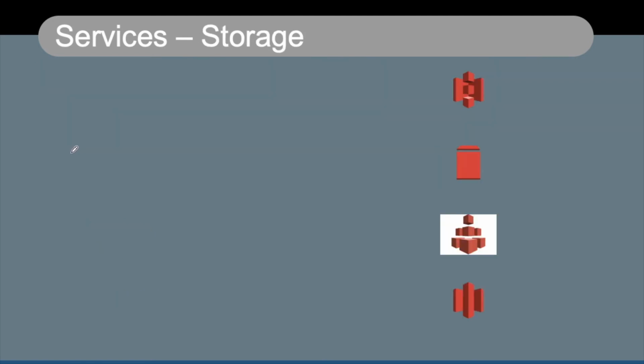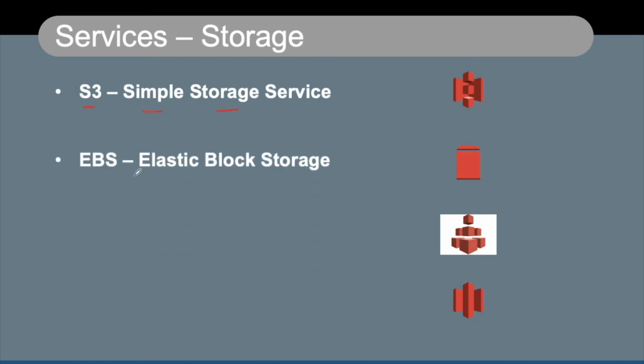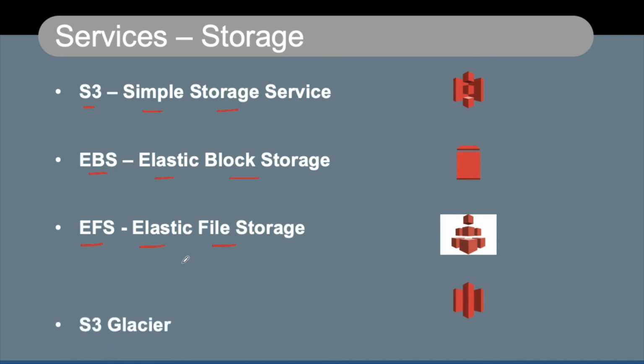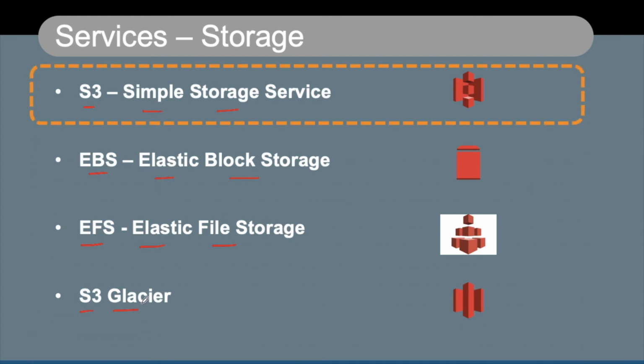In case of storage, we have S3, which is Simple Storage Service, EBS, Elastic Block Store, EFS, which is Elastic File System, and S3 Glacier. What we are going to discuss mainly here is S3, and briefly we are also going to talk about S3 Glacier, which is typically a file archive system.